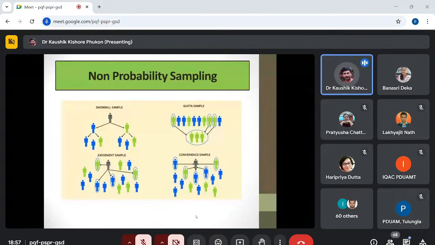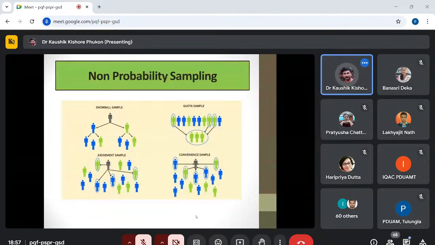Suppose your house is located nearby a shopping mall. You can target your persons by standing nearby the shopping mall. That is most convenient for you. That is convenience sampling.